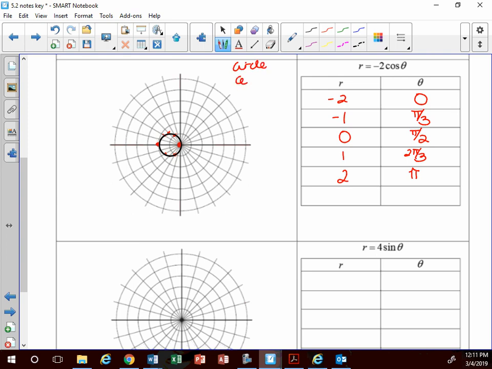Where's the center? Not at the pole. I like that. Would you say shifted left, one essentially? Yes. Okay. And what's the diameter? Two. Okay.